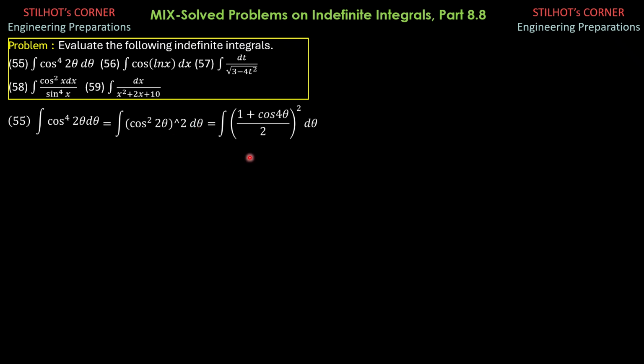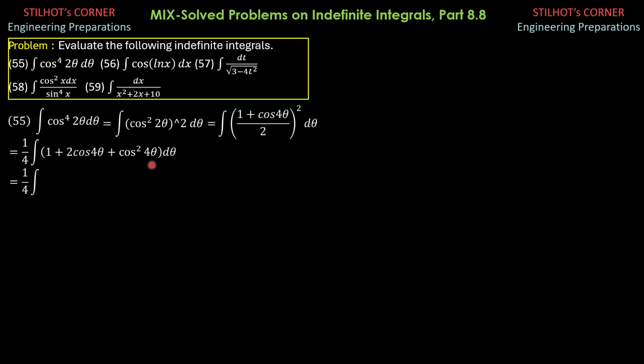So expanding, that would be 1/4 before the integral sign, integral of 1 plus 2 cosine of 4 theta plus cosine squared of 4 theta d theta. Then we replace again the identity for cosine squared of 4 theta, which is quantity 1 plus cosine of 8 theta all over 2.